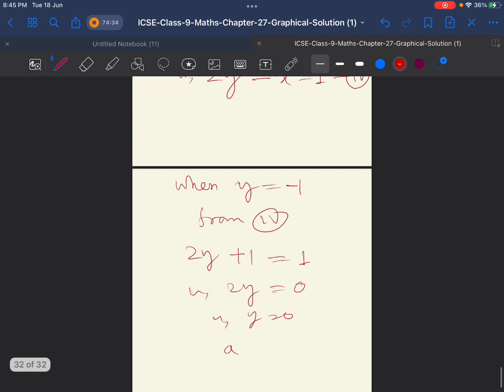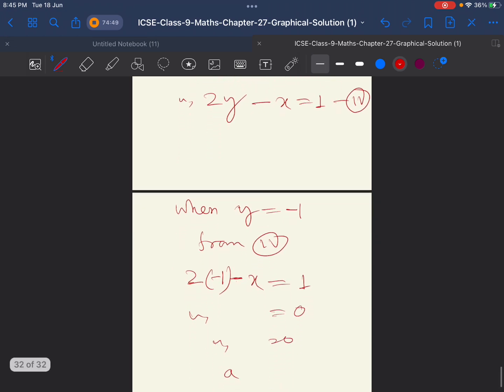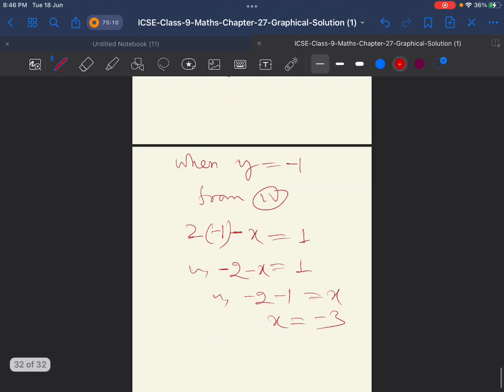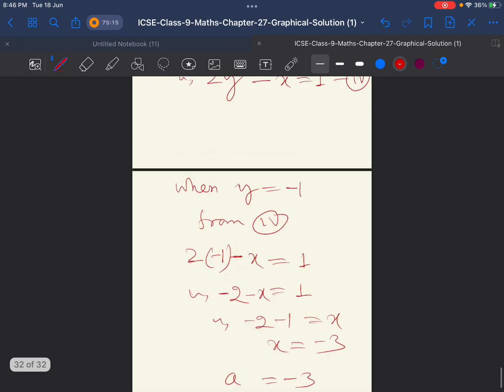When y equals minus 1, then minus 1 minus x equals 1, so x equals minus 3.